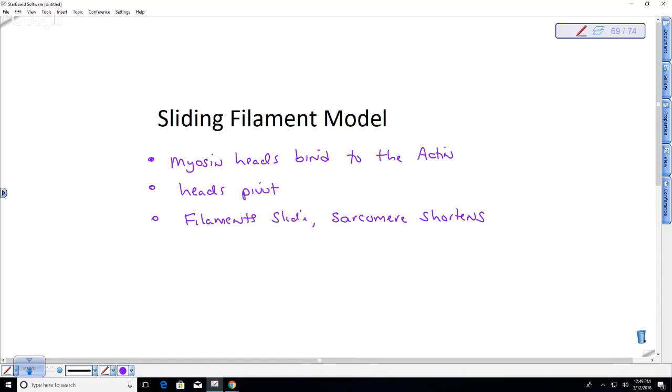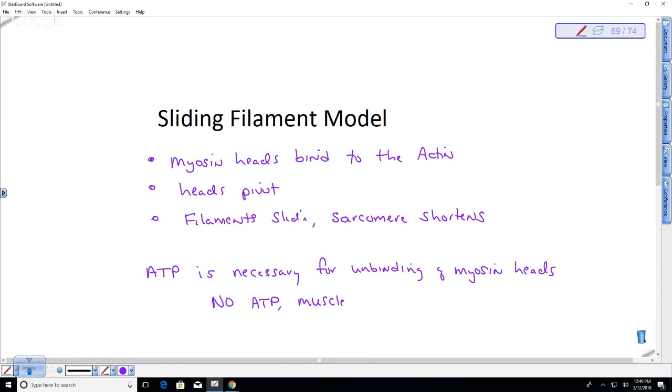So this pivoting of the heads takes ATP. So ATP is necessary. That's our energy, and it is necessary specifically for the unbinding of the myosin heads. And so if ATP runs out, the muscle will stay contracted, okay? So no ATP, muscle stays contracted.